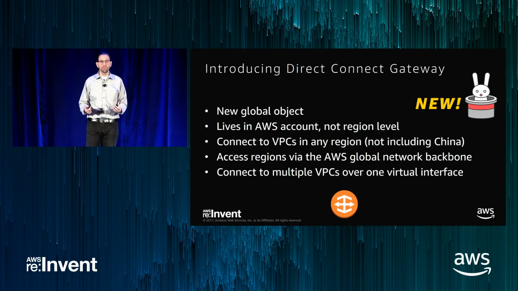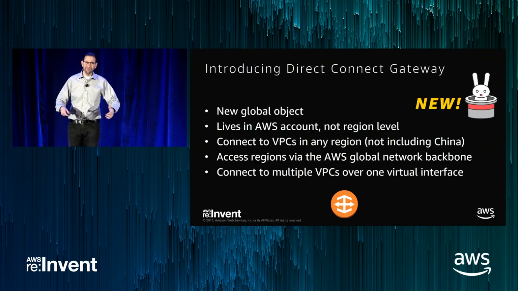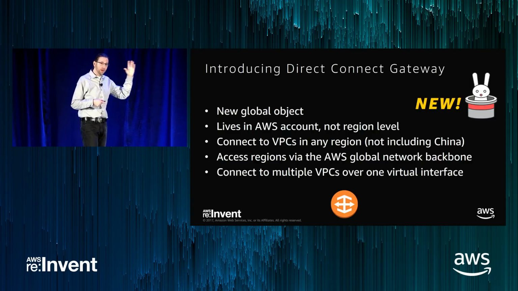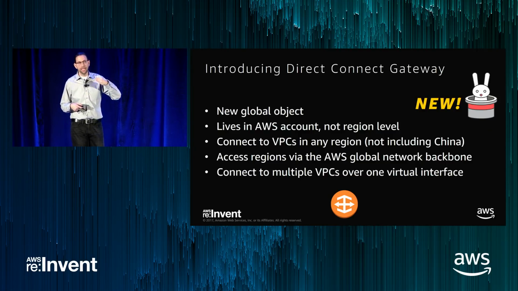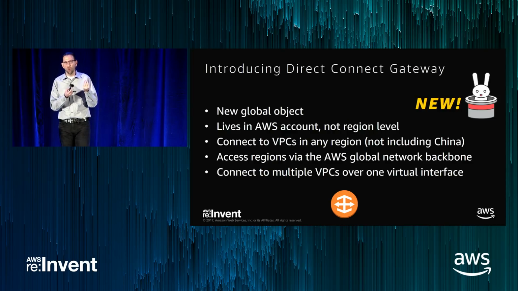And that opens up VPC connectivity in every public region, as well as the public IP space of all of those regions. There are other advantages to using this, such as being able to connect to multiple VPCs over one virtual interface or one VLAN. And we'll get into that a little bit later on.